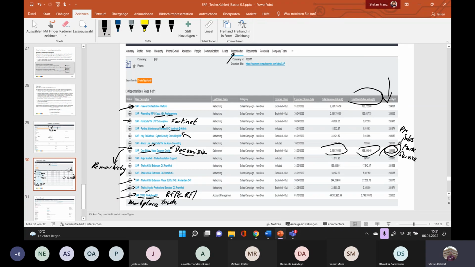You see that here, and this is about desktop, telephony, notebook, monitor, so everything included in a workplace.